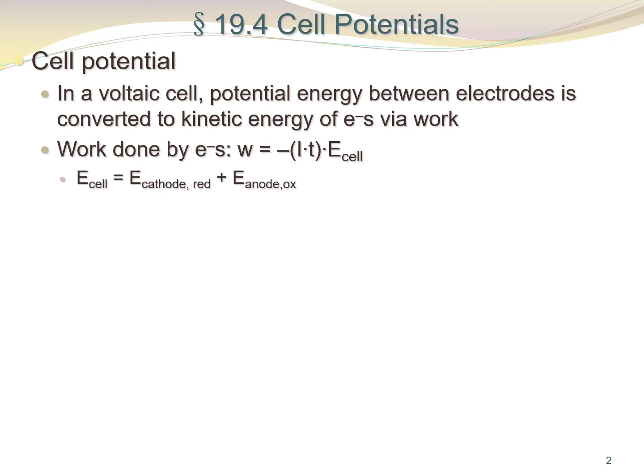What we first think about here, or to understand, is the potential of a cathode is just how easy it is to conduct the reduction half reaction, while the potential of an anode can be considered as how easy it is for that piece of metal to conduct the oxidation half reaction.